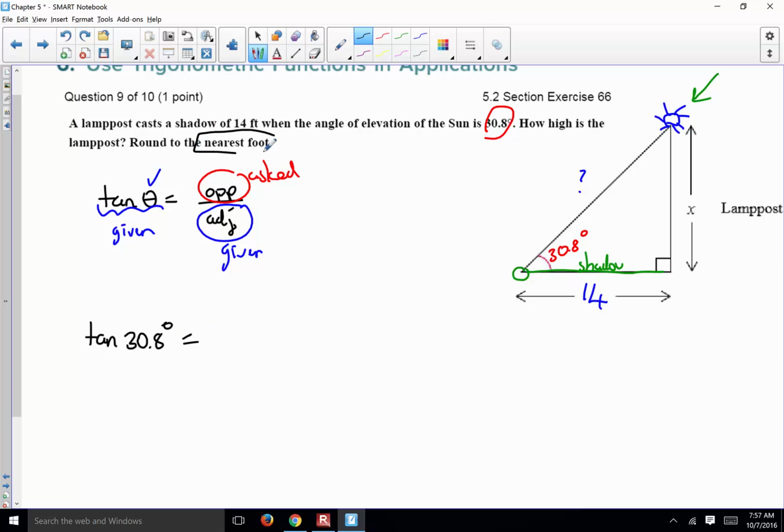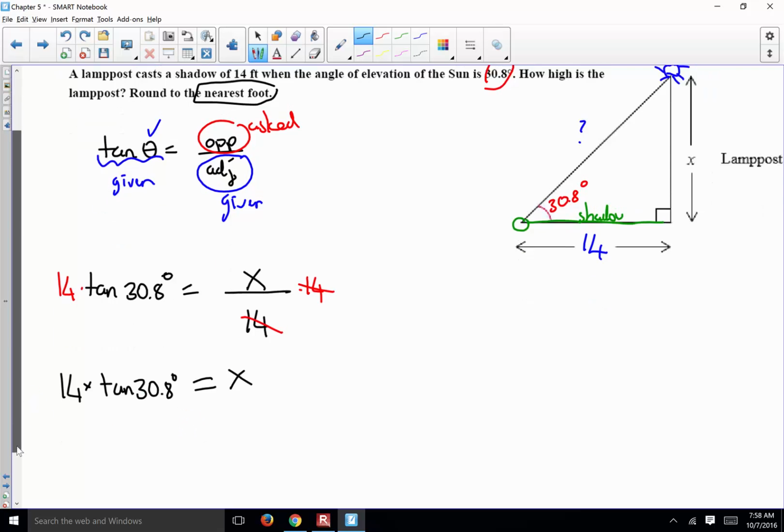We needed nearest foot, so get a couple of decimal values. Opposite value is unknown x, adjacent is 14. And to get x by itself, I want to multiply both sides by 14. So this can cancel. x, the height, is going to be 14 times tangent 30.8, whatever this value is.